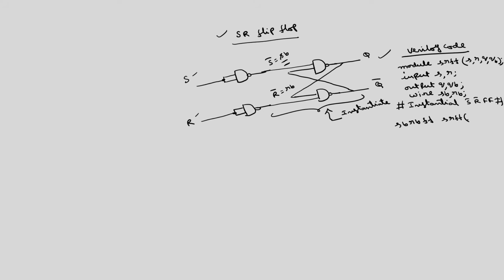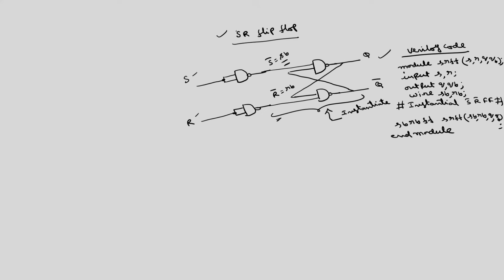Inputs are SB, RB, outputs are Q, QB, and end module. So, we have discussed the S bar R bar flip flop, which is the basic block. Then we have moved on to SR flip flop. By instantiating this, we can easily write the Verilog code.